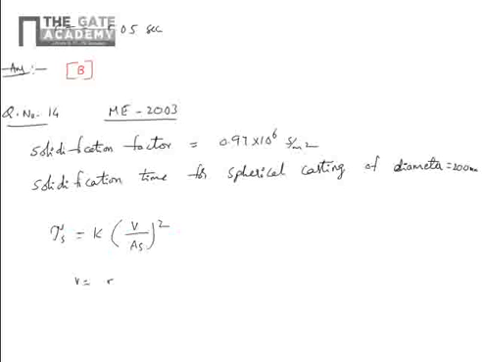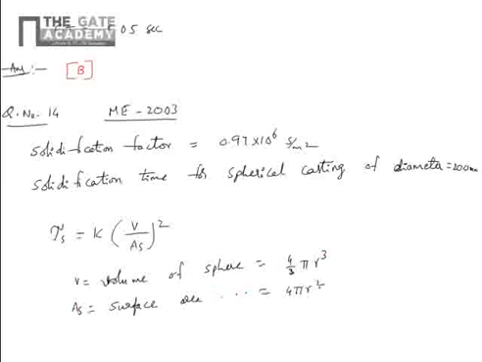V equals the volume of the sphere, 4 by 3 pi r cube, where r is the radius of the sphere. Surface area equals four pi r square.